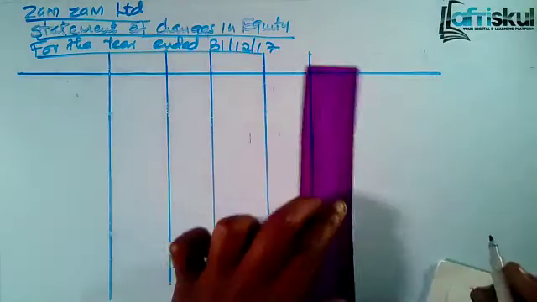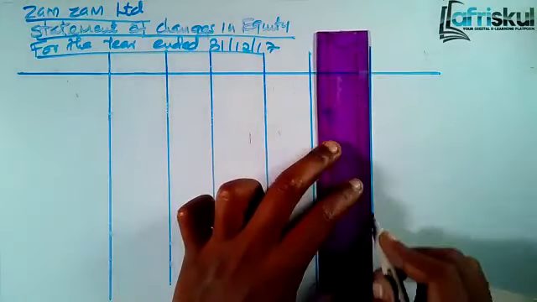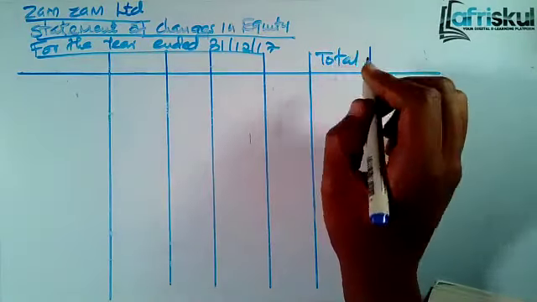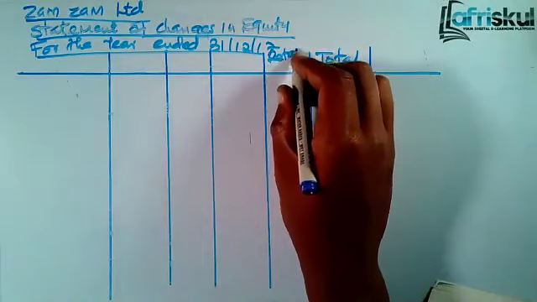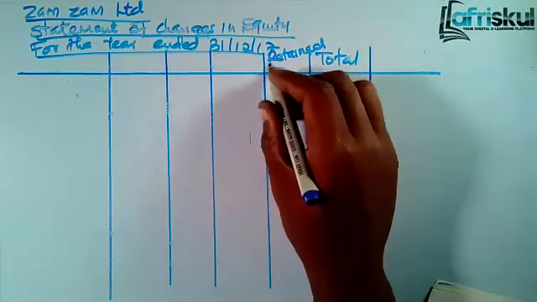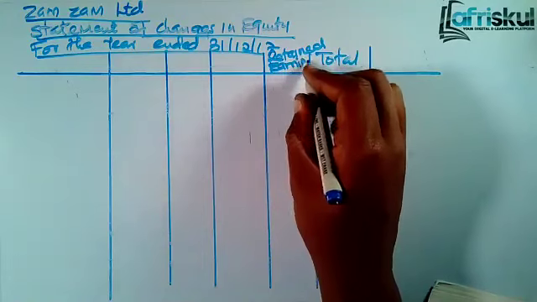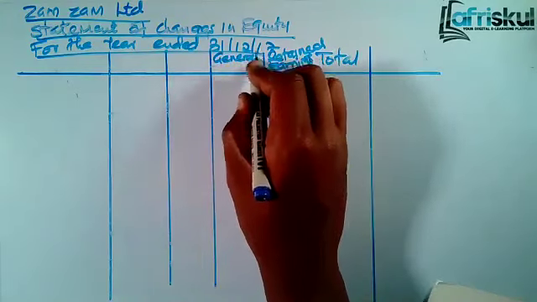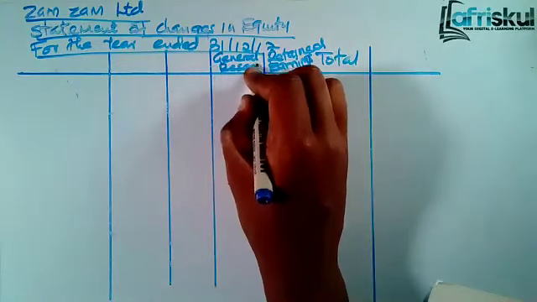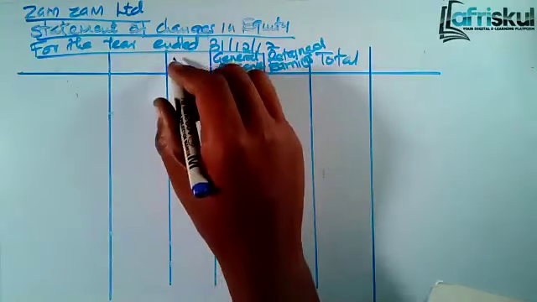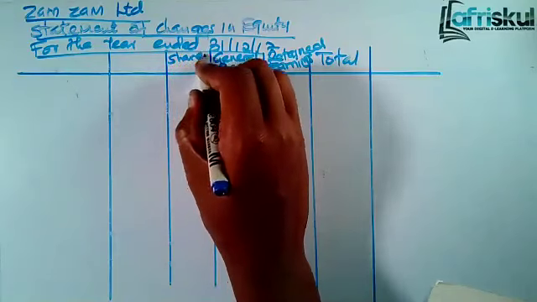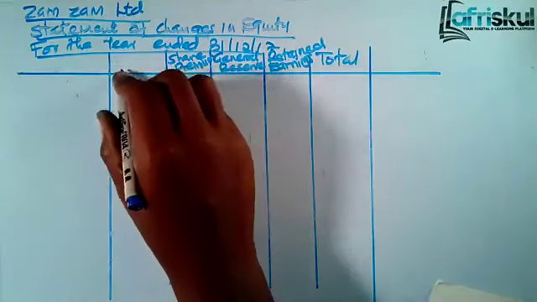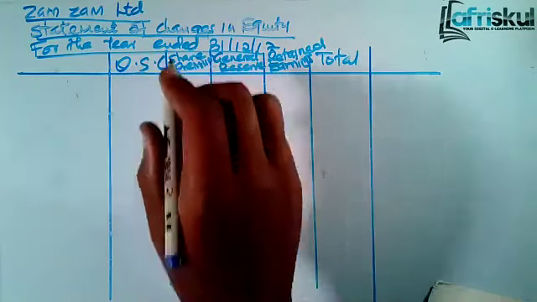Then you get the totals. This is the retained earnings. This is the general reserve. And this is the share premium. And this is the ordinary share capital.